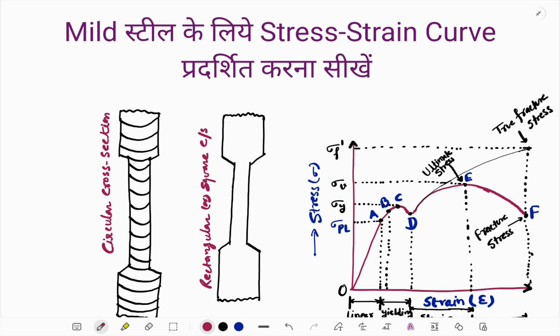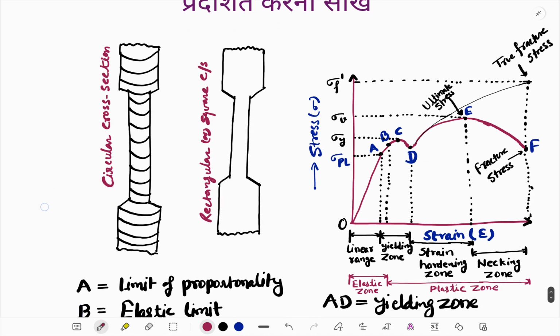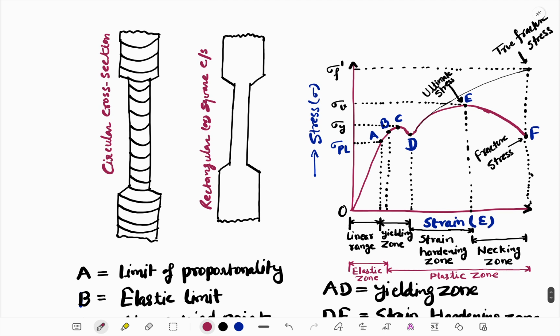So how is it going to behave? If we see the stress strain diagram, strain is taken on the x-axis and stress is taken on the y-axis. While we are applying the load, how do stress and strain vary?